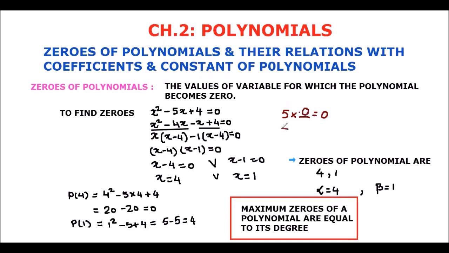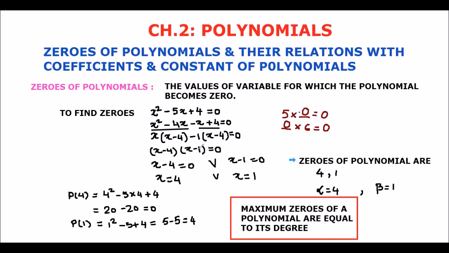Or suppose I give the blank here and the second number as 6, and I want you to fill it so that the product becomes 0. Again you are going to put 0. So if the product of two factors is equal to 0, then one of them must be equal to 0. Same here, we have two brackets.